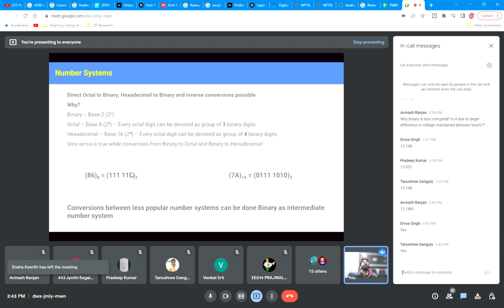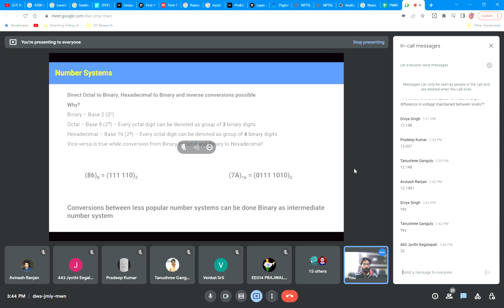And also let me add to that question, which will be the next base that will have a direct conversion with binary? This will be pretty interesting to know. Just write down the next base that will have a direct conversion to binary. You can type in the chat box. 32. Okay.